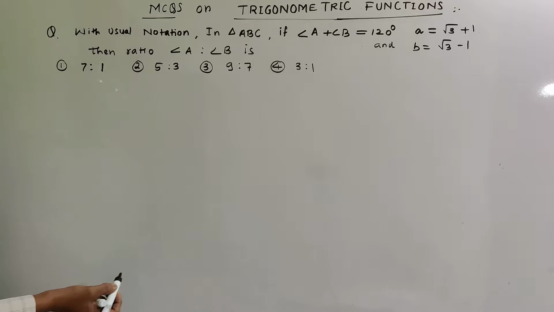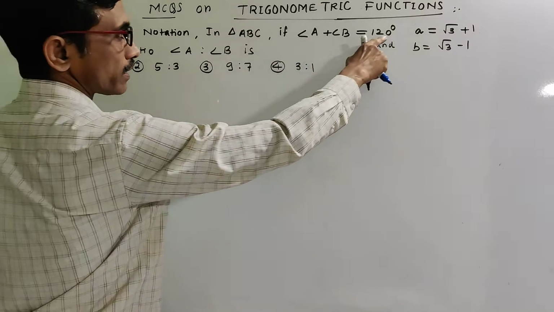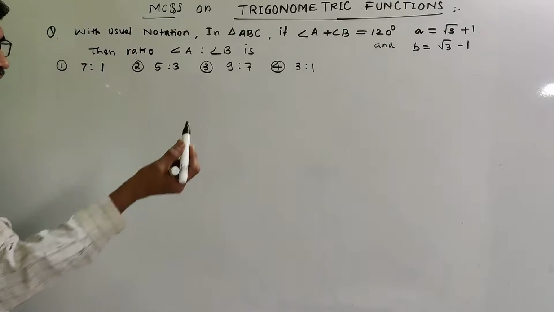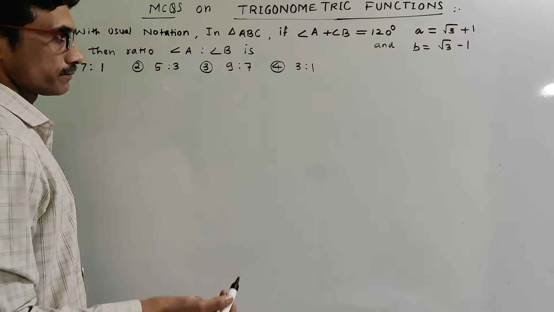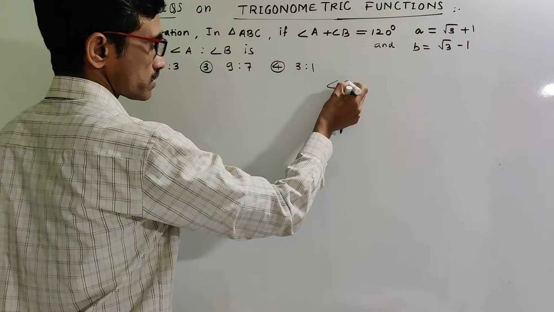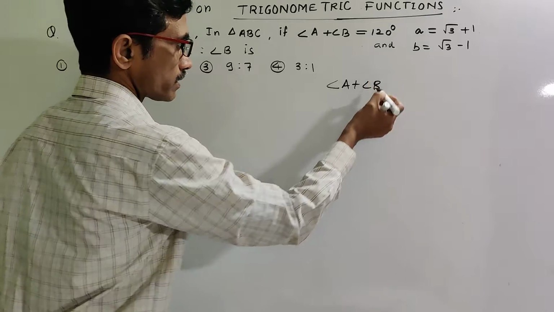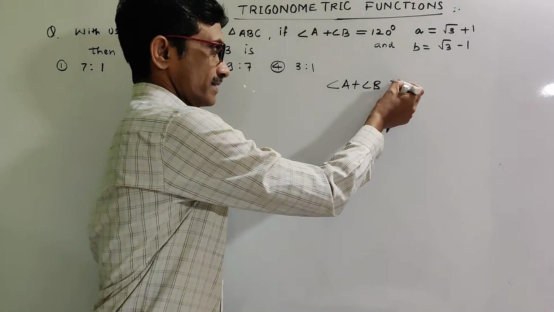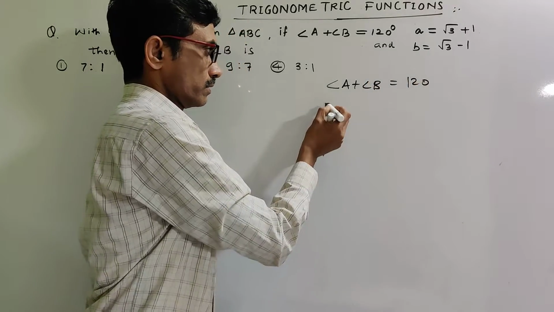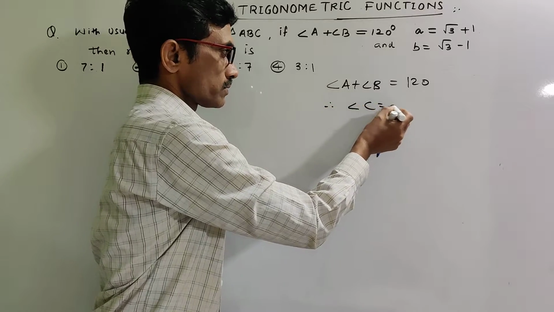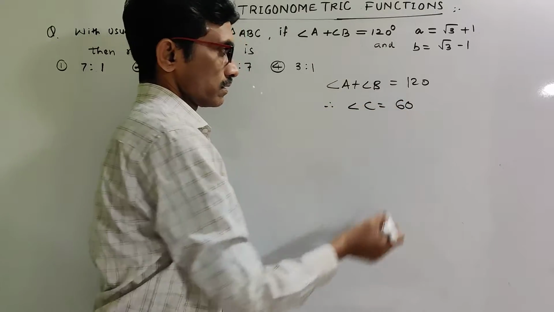See, we have angle A plus angle B is equal to 120. So the remaining angle must be equal to what? 60. Therefore the remaining angle C must be equal to 60.